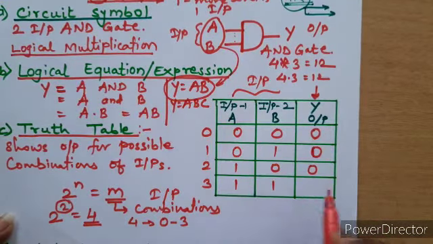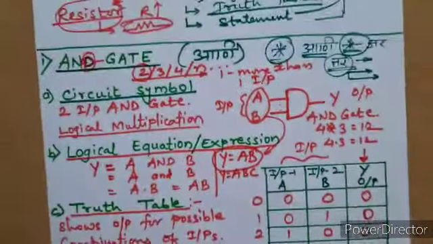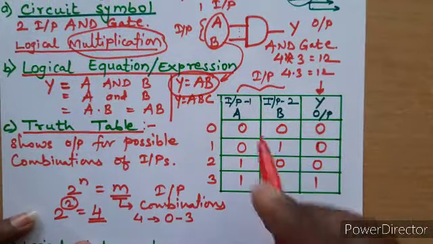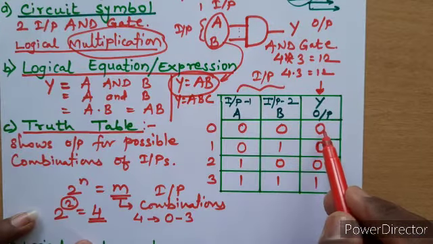And 1 into 1 is 1. I have used this multiplication sign, but actually it should be said as 0 and 0 is 0.